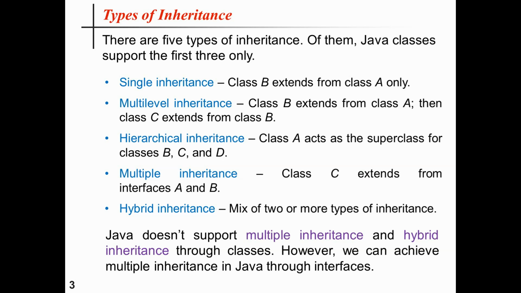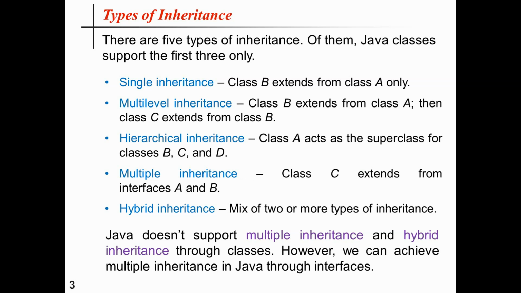Then comes multiple inheritance. That means a particular class C extends from interfaces A and B. That idea is applicable with respect to an interface, which is basically a special kind of class having static and final fields and abstract methods, but it is not supported by Java classes.